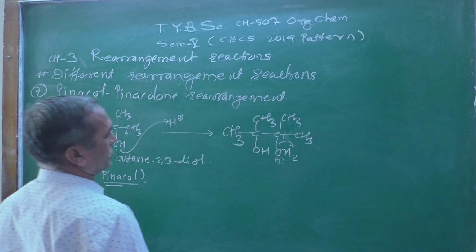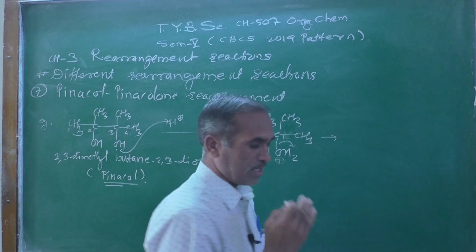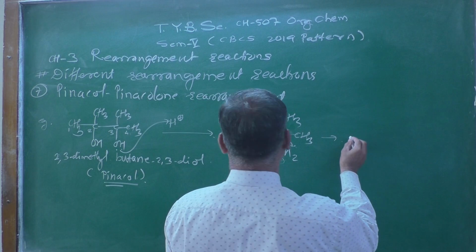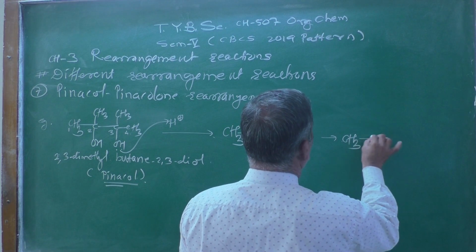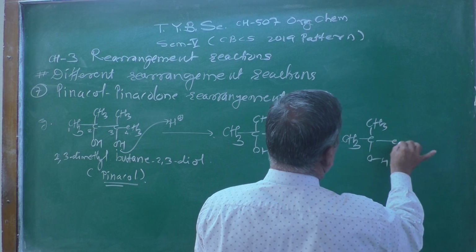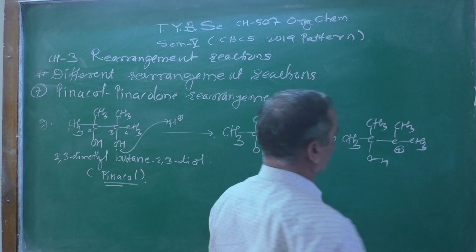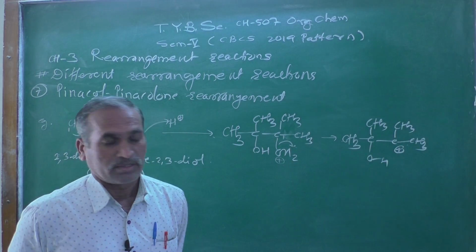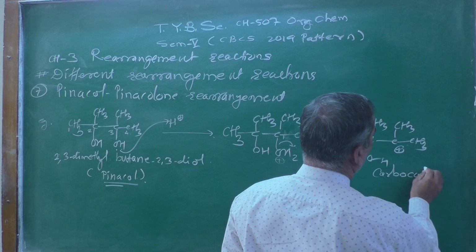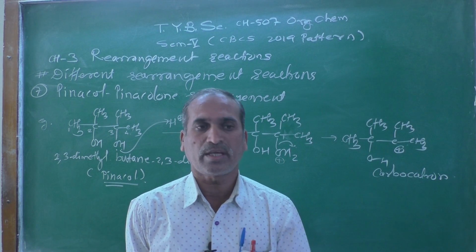So this leaves like this. It can pick up the proton from here, and this reaction is carried out through a carbocation. When the carbocation is formed here, with CH3, CH3, then OH, then CH3, positive charge over there, it is electrophilic in nature.